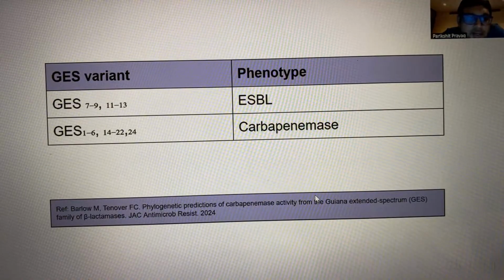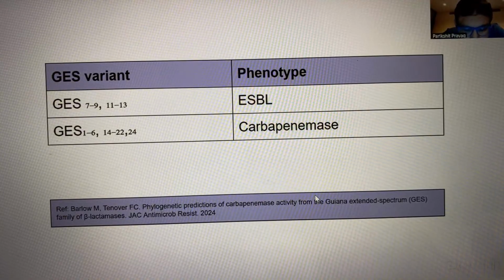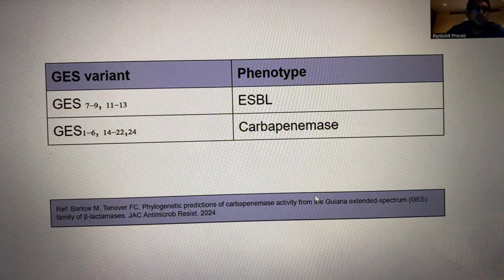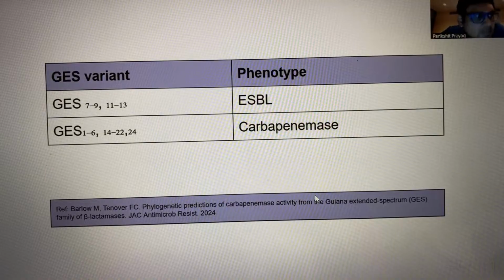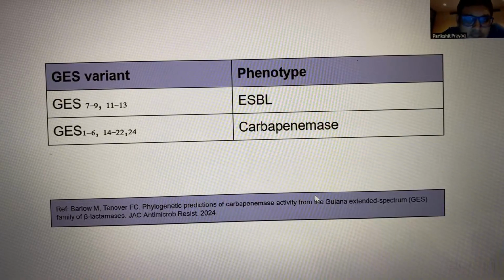But there are certain GES variants which have been found to be concerning. I'll get to that a little bit more when we talk about some rarer things and some other aspects of Pseudomonas. But the bottom line is that GES can be an important carbapenemase. It's a class A carbapenemase. For the most part, it's going to be a carbapenemase.